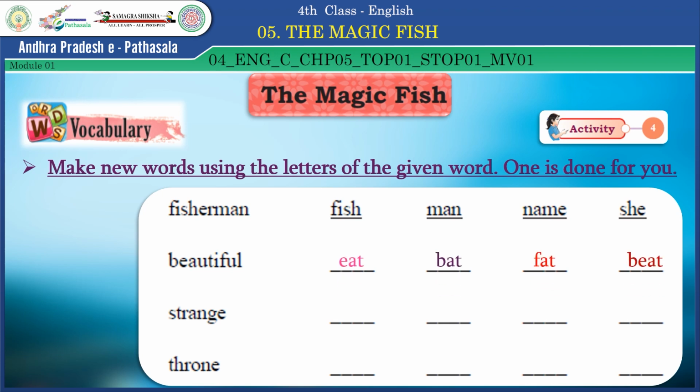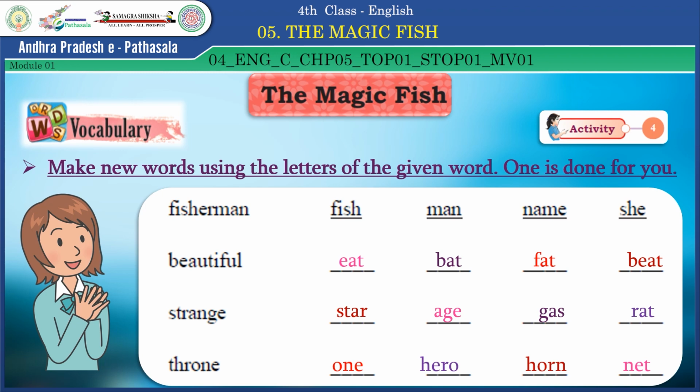Eat, bat, fat, and beat. Then, coming to strange, what are the new words? Yes, star, gas, and rat. The final word, that is throne. Say, what are the new words? Yes, one, hero, horn, and net. Well done, children. You said very well.